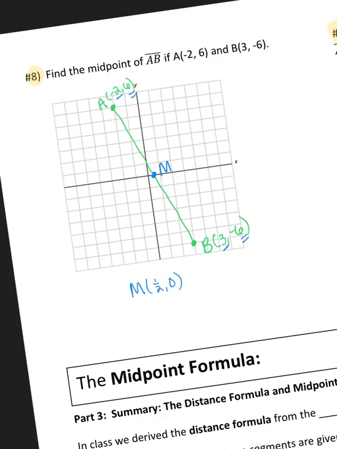Now, if you think about what we did algebraically, we took -2 plus 3, and then we divided that in half, right? So that's halfway in between. That's an average. And then for our y coordinates, we took 6 plus -6 and divided that by 2. And there were your coordinates for the midpoint.